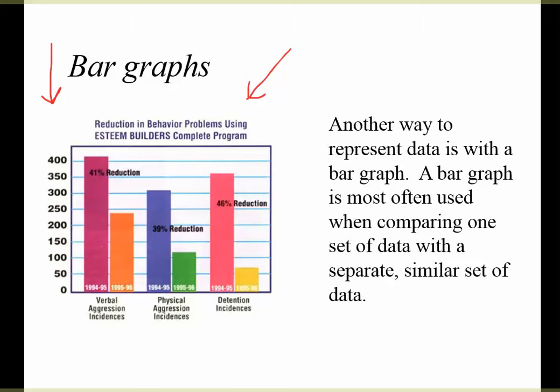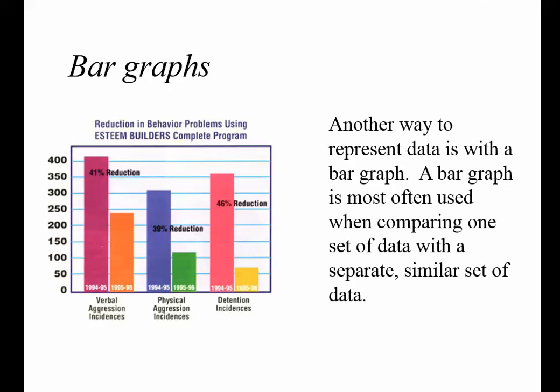So think to yourself, what would I label the y-axis here? What are these 50, 100, 150, 200? What are these things counting? In my mind, these are counting the number of behavioral incidences.